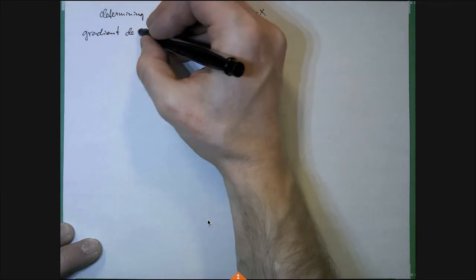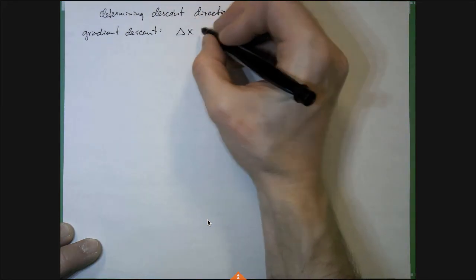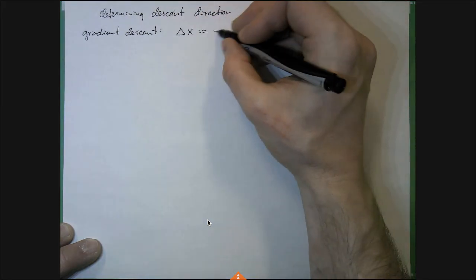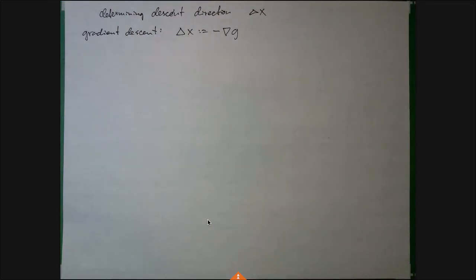And that's an absolutely natural thing to do. You just say that the descent direction, by definition, is the negative gradient of the function. Of course, because that's the direction where the function will be decreasing the steepest, right? If you are a ball rolling down the hill in a gravitational field, that's the direction you will roll down. That's the idea of gradient descent.